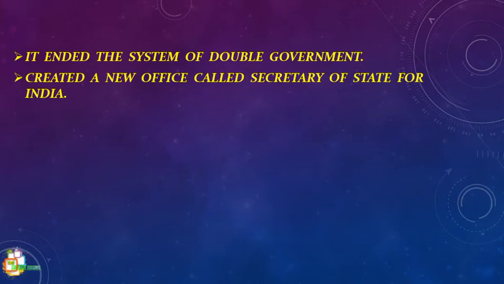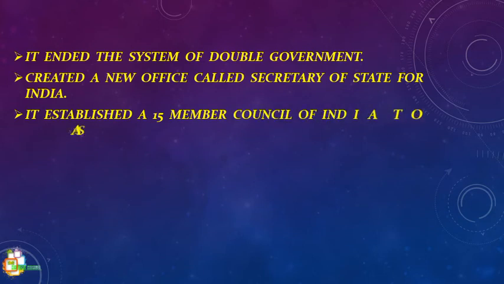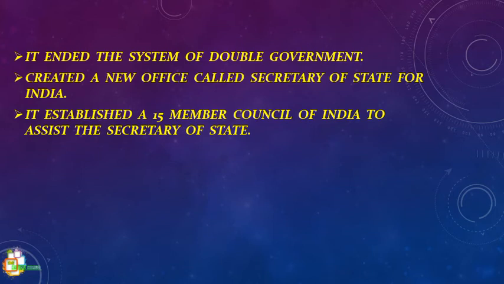It created a new office called the Secretary of State for India. He had full authority and control over India's administration. It established a 15-member Council of India to assist the Secretary of State. The Secretary of State was the chairman of the council.